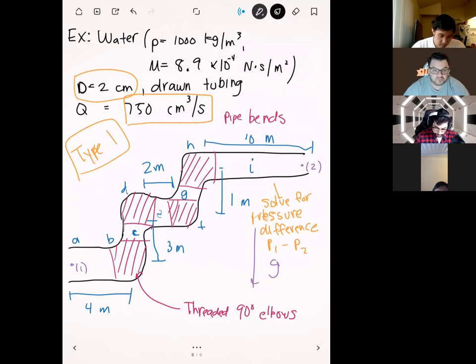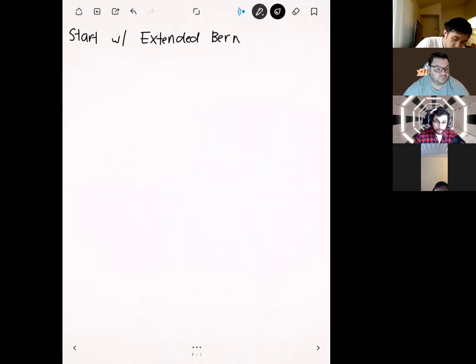All right. So let's go ahead and start solving it. Our starting point most of the time for these problems is going to be our extended Bernoulli. Let's write the difference between all the Bernoulli quantities at the outlet and the inlet. For these pipe flow problems, we use extended Bernoulli in head form.